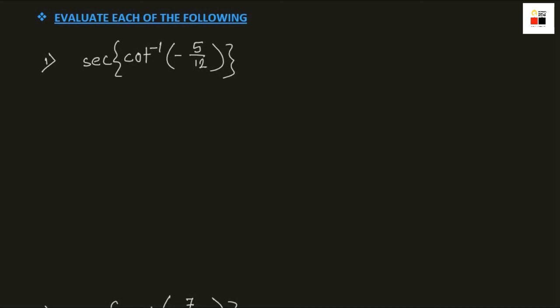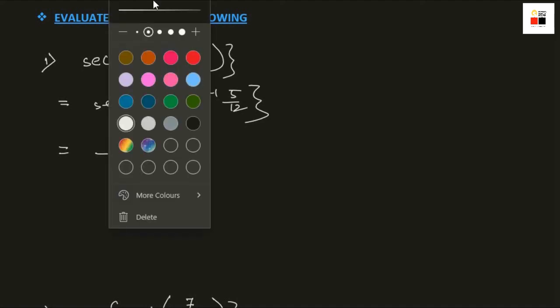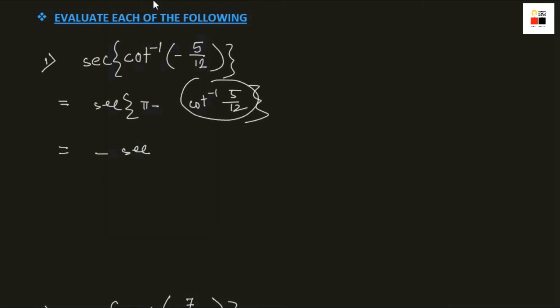Here, evaluate each of the following. This is equals to sec of pi minus cot inverse 5 by 12. This is equals to minus sec. If we take this one as theta, this will be minus sec theta, that is minus sec of cot inverse 5 by 12.